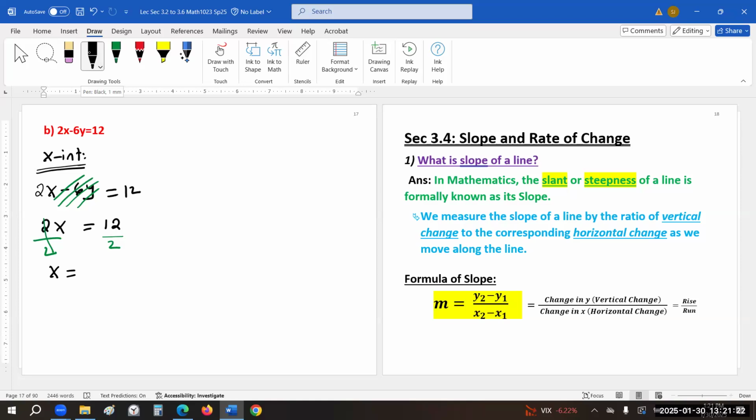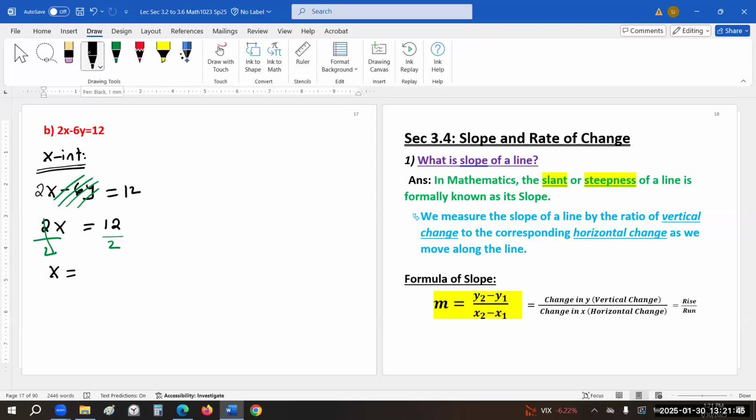So what is x? Count. 2 times 1, 2. 2 times 2, 4. 2 times 3, 6. 2 times 4, 8. 2 times 5, 10. What is 2 times 6? 12. So what's the answer?